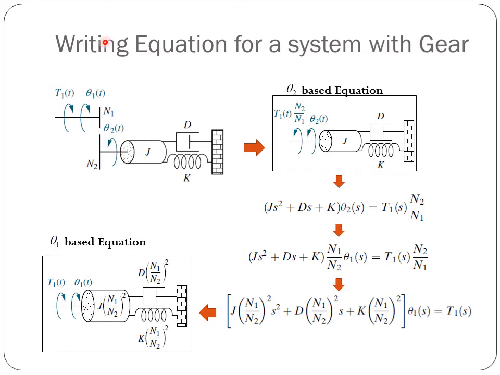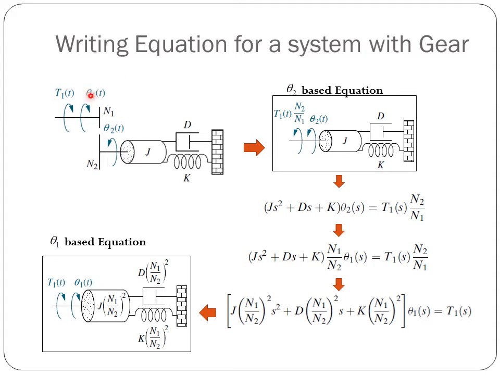In this system the number of independent variables is only 1. Why? Because we can see theta 1 by theta 2 is equal to n2 by n1. Theta 1 and theta 2 are not independent, but dependent through a ratio n1 by n2 or n2 by n1.